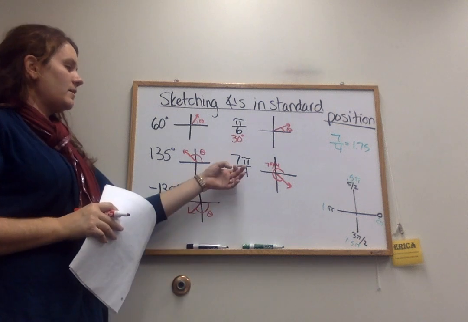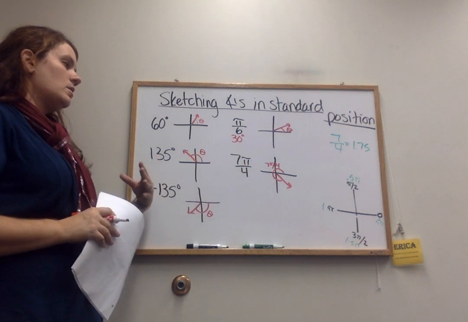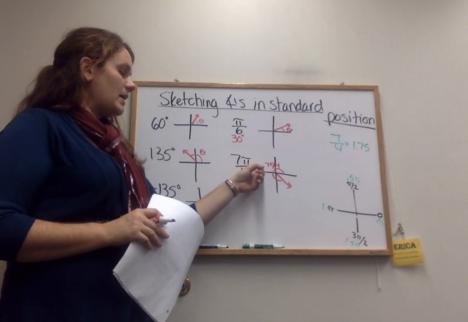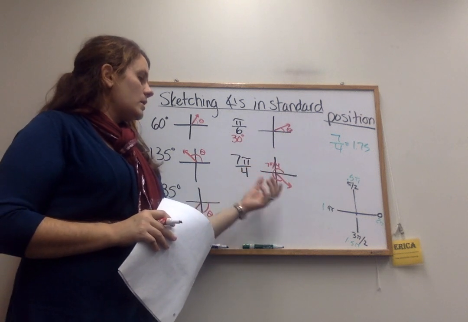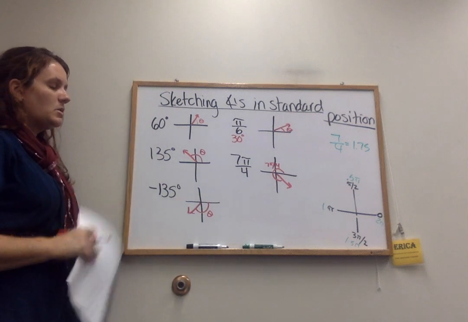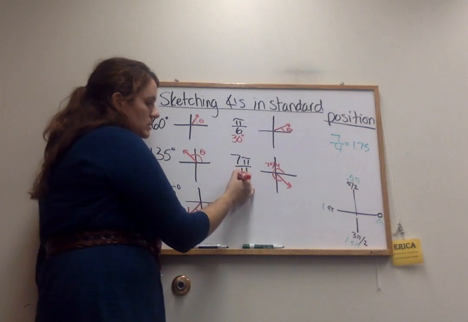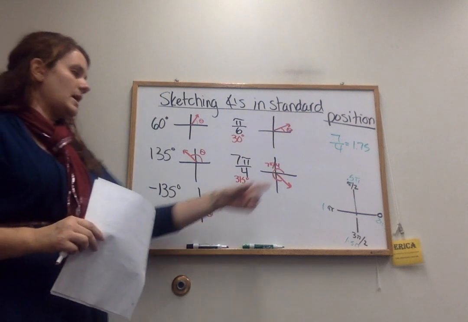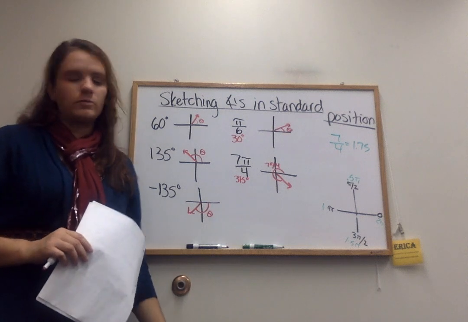You can also think about it, 4 goes into 7 more than once, but not twice. So it's got to be bigger than pi, but less than 2 pi. And it's actually bigger than 1.5 pi. But again, you could go ahead and convert that. This is 315 degrees, which would ultimately tell you that it's going to fall in quadrant 4.